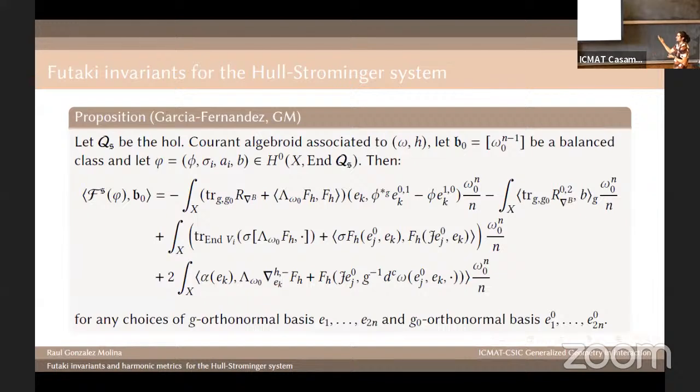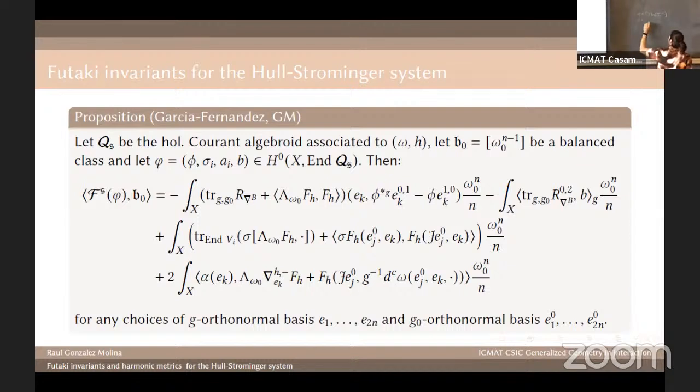So now I just wanted to show you what it really boils down to, computing this Futaki invariant. Here in this expression, in terms of classical tensors, a holomorphic endomorphism of a current algebroid is given in terms of this tuple, where phi is a section of the endomorphisms of the manifold.